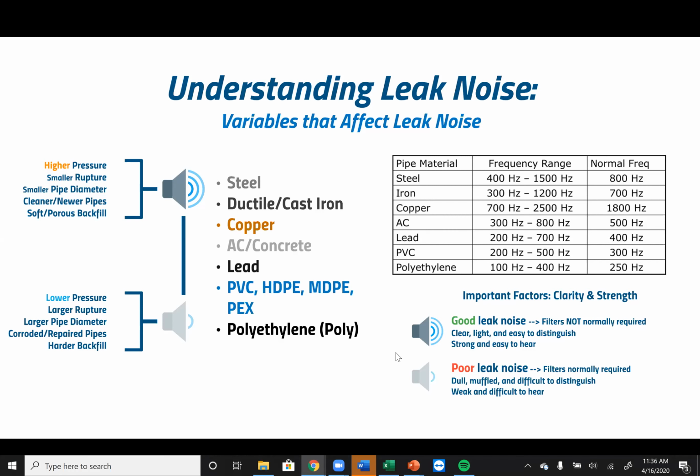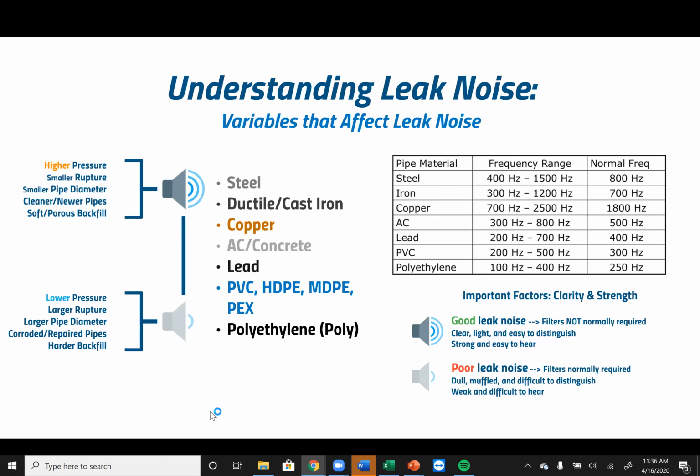This little chart is really helpful when you're out doing sounding with your ground mic, and you have a ground mic such as the Aquascope 3 that has the ability to narrow down the listening hertz ranges. Our Aquascope 3 has a hearing range of 0 to 5,000 hertz, but you can knock that down into 200 hertz increments, and you can fine tune your listening to hear in the anticipated hertz range.